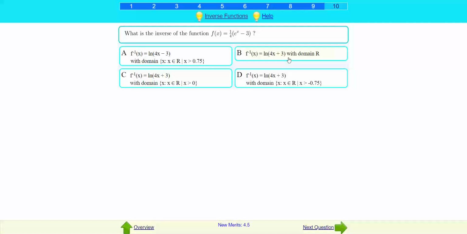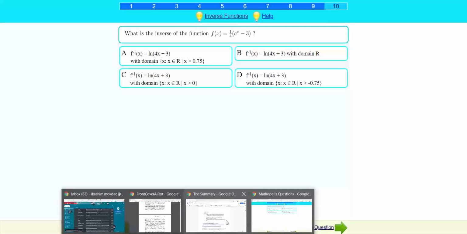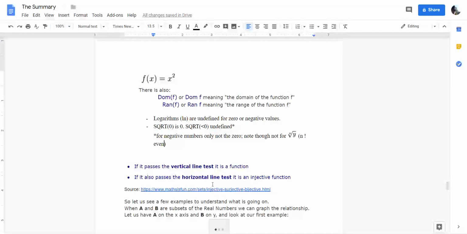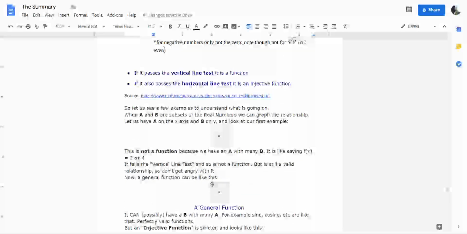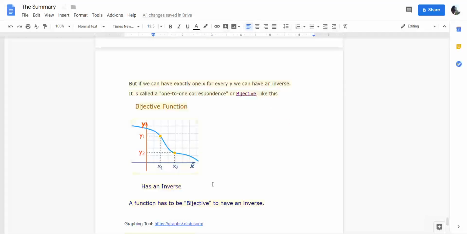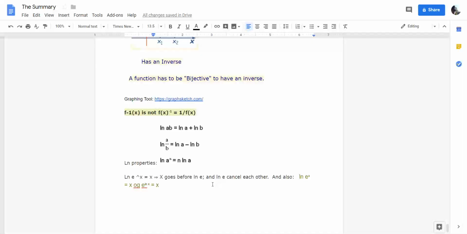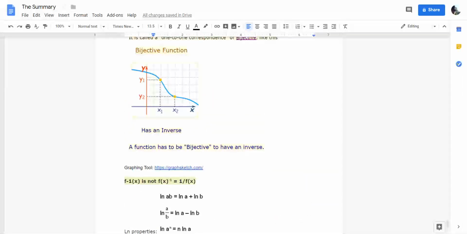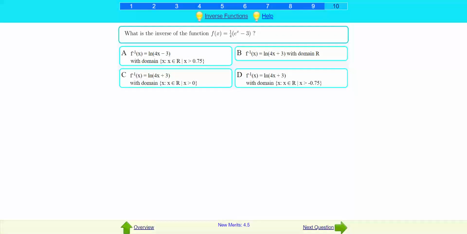But what would you do for ln being negative? Did we write anything in the notes about ln being negative? Let me quickly Google if ln can be negative.